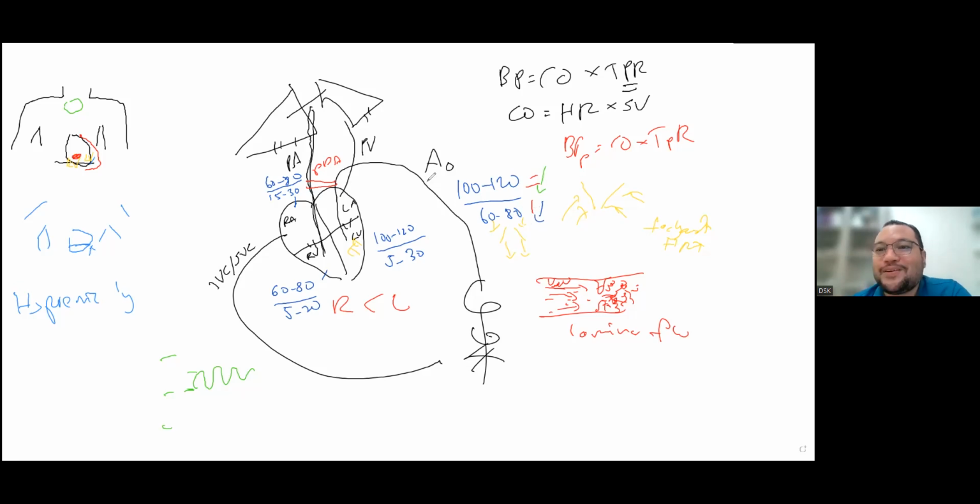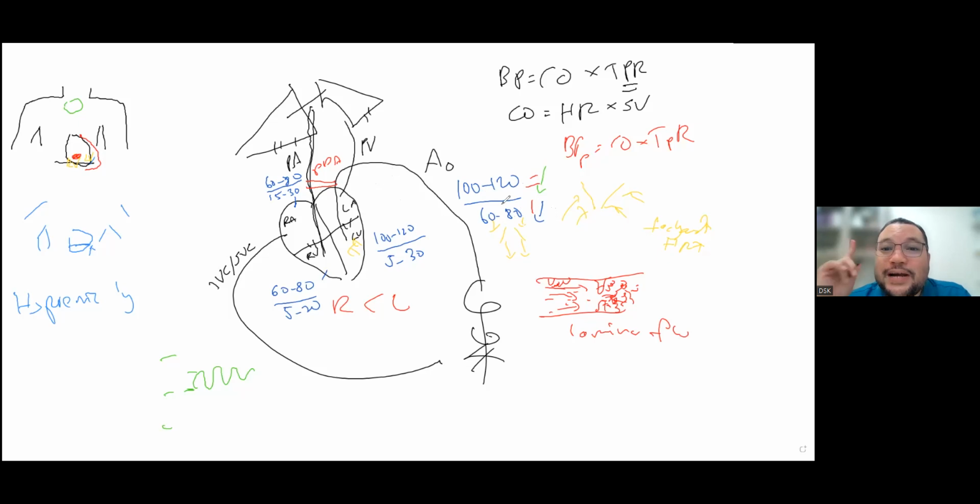Masa PDA, if you remember, blood masa diastole ada patah balik. Bila blood patah balik, diastolic pressure turun. Systolic asalnya sepatutnya static. Sebab masa systolic nothing happen. Masa diastolic blood pressure turun.